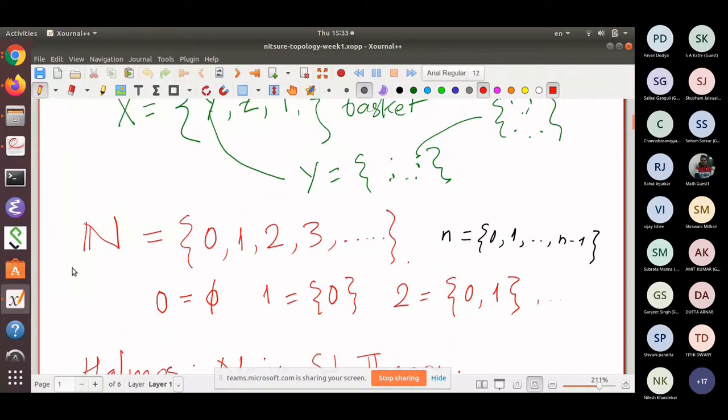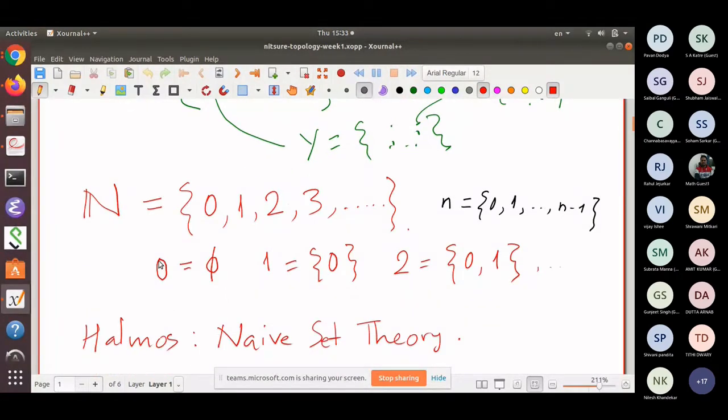So as an example of how sets are built out of the empty set alone, I gave you the example of natural numbers and told you how one can model 0 as the empty set, and 1 as the set whose only member is 0, and 2 as the set whose only members are 0 and 1, and so on. n is the set whose members are 0, 1, up to n minus 1.